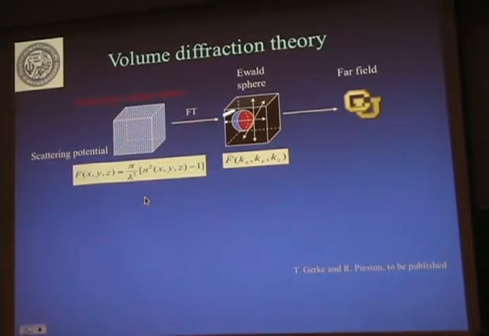So we use the Ewald sphere, which is essentially a Fourier transformation of the contrast here, which is the index of refraction squared minus 1. We make a Fourier transform, we get the Ewald sphere, and then we use k-space, and we can calculate this similar to what happens in X-ray diffraction with the crystal. But now the difference is that we don't know what we want to put here. So this is the analysis.